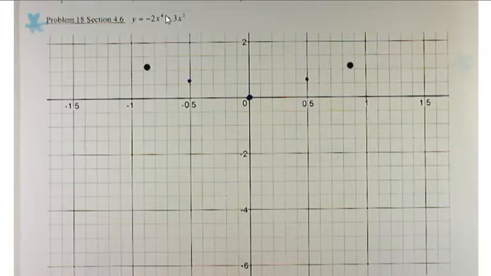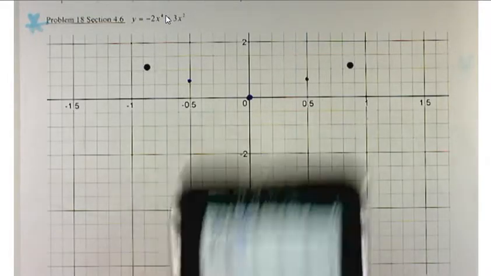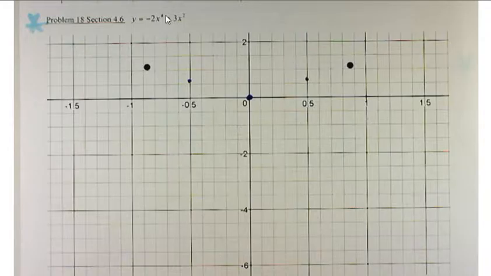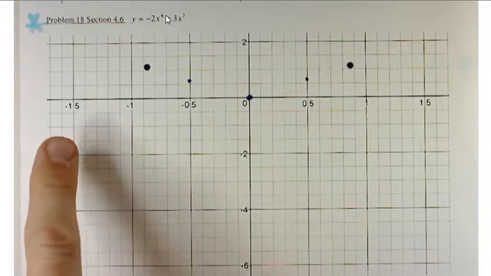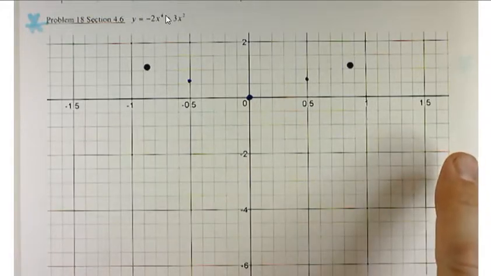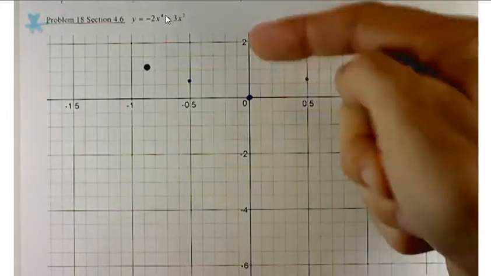Now, one thing that you should keep in mind is that I'm not going to take these wonderful tools of technology away. You can graph these on the test. There's nothing wrong with that. So let's graph this. Can anyone make a suggestion as to what I should set up the window size to be? Yeah, I'm thinking -1.5 to 1.5 and maybe -6 to 2.